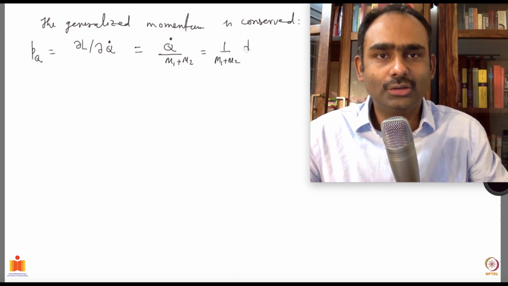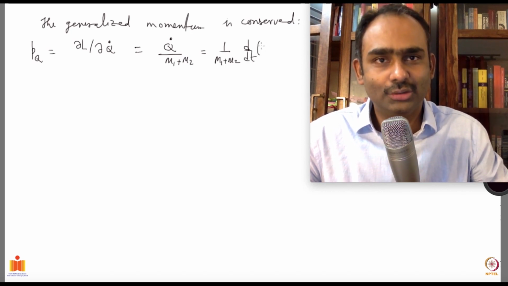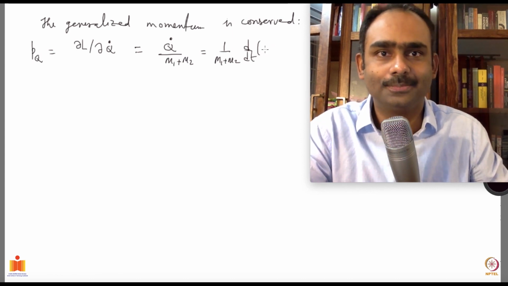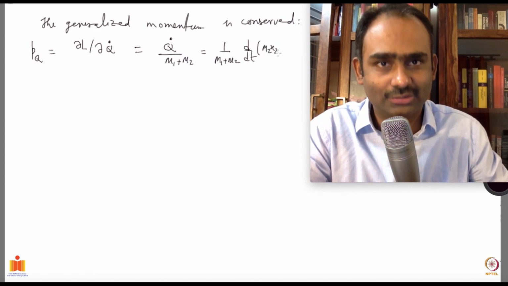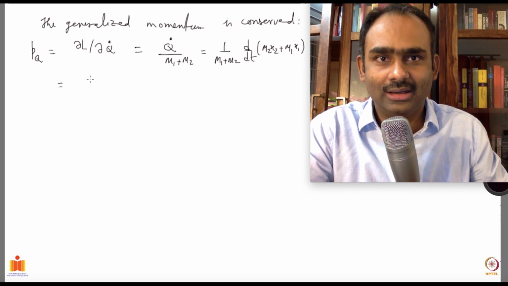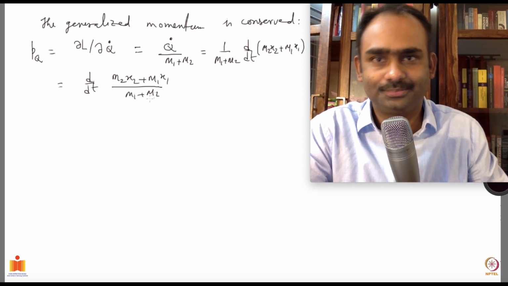And what's Q dot? Q dot is d over dt of Q. And what is Q? Q is M2 x2 plus M1 x1 over M1 plus M2, so this is d over dt of (M2 x2 plus M1 x1) over (M1 plus M2).